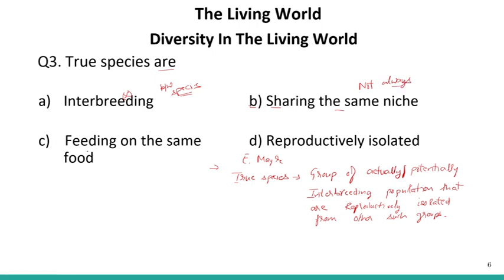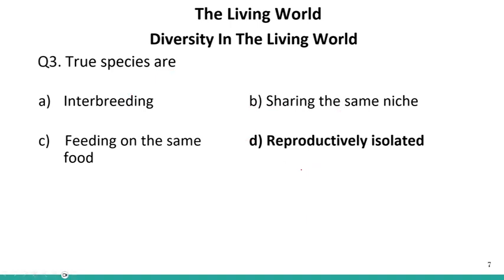Third is feeding on the same food. Again, this happens not always. And the fourth option is reproductively isolated. I've already told you the definition of the true species. They are reproductively isolated from the other species, and they can only breed within themselves. So what should be the correct answer?